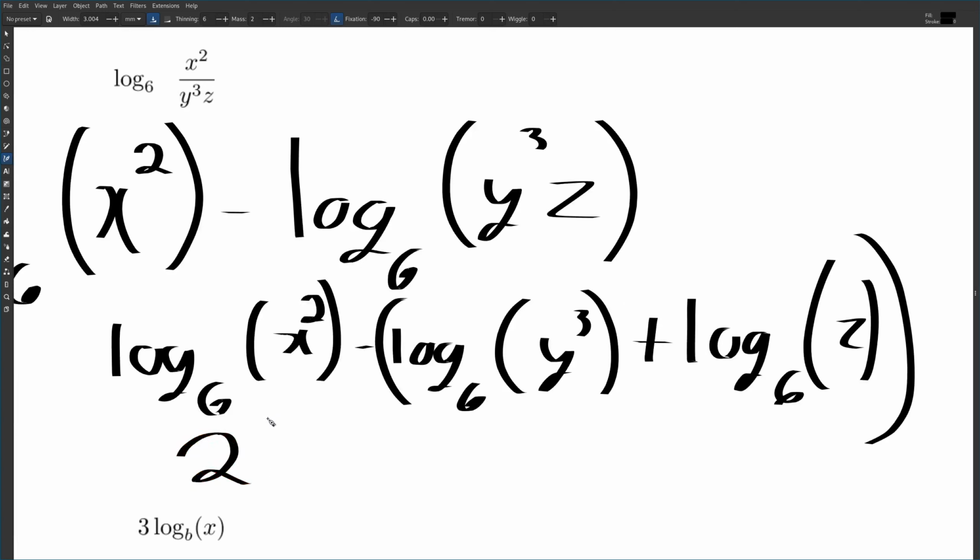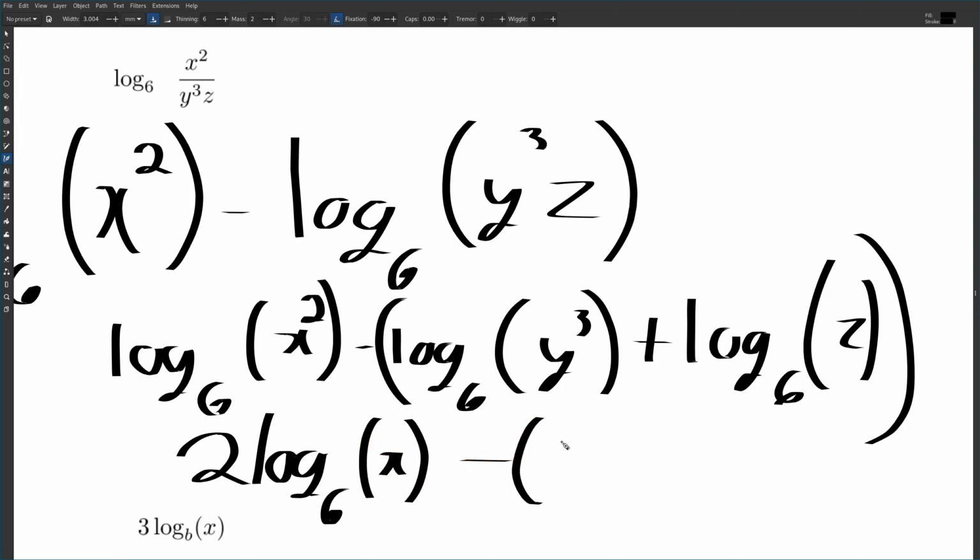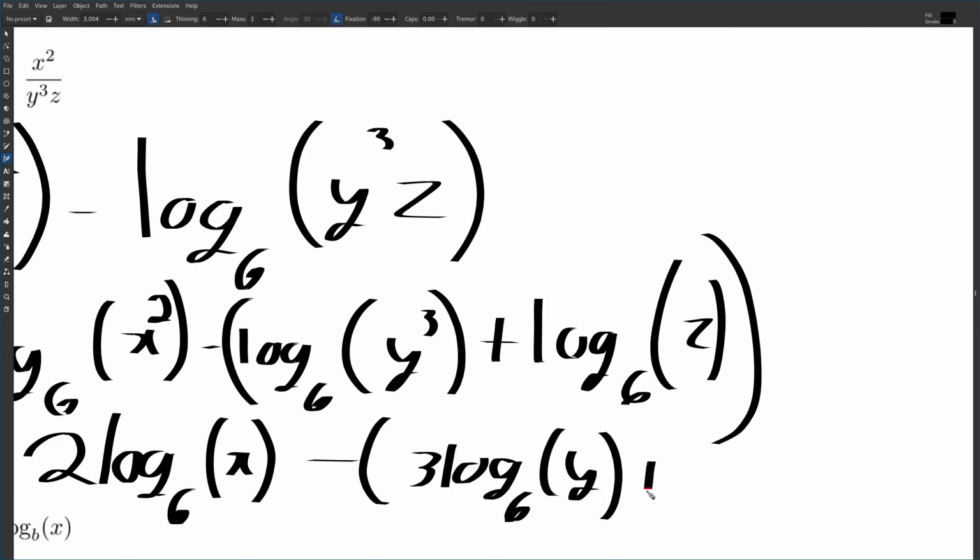So we're going to have 2 log base 6 of x minus parentheses log base 6 of y cubed, which is log base 6 minus 3 times log base 6 of y, plus log base 6 of z.